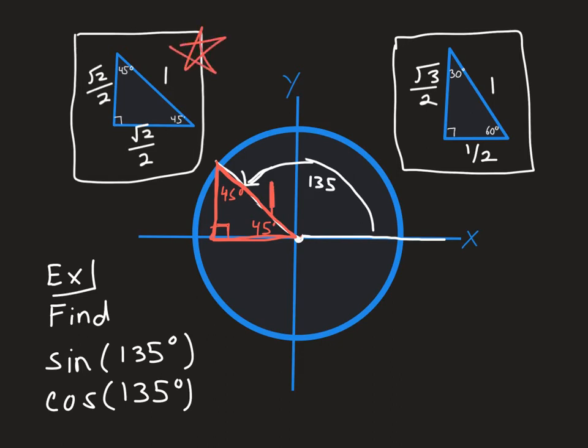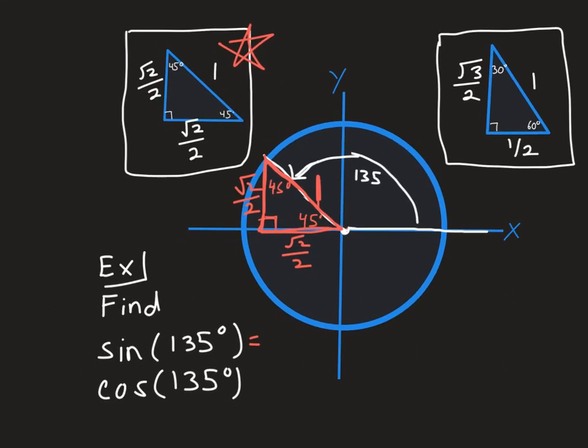And so now that I have all the information, I did all the hard work, and I can essentially just copy this down and say I know that this leg is root 2 over 2, and this leg is root 2 over 2. And those are the lengths. So let's come down here and find the sine and the cosine. Now remember that your sine is really your y value, and your cosine is your x value, your x coordinate.